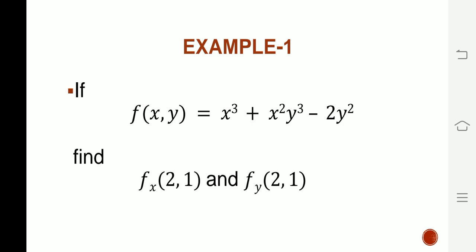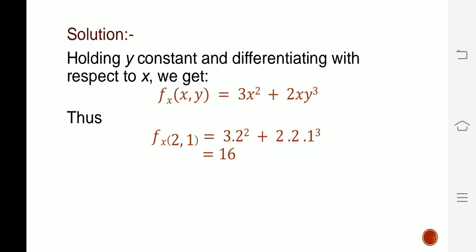See the example. If f of x y is equal to x cube plus x square y cube minus 2y square, find fx of 2, 1 and fy of 2, 1. Solution. Holding y constant and differentiating with respect to x, we want to take the derivative of f with respect to x, that means we are treating y as a constant.